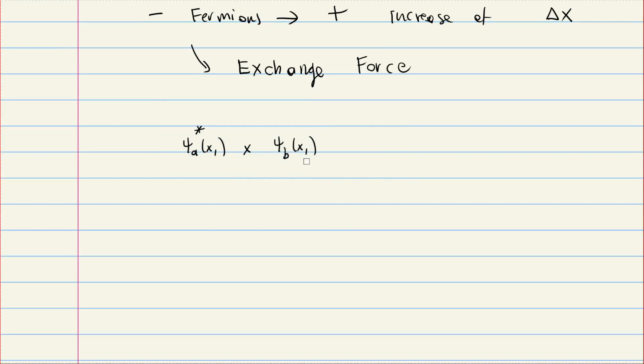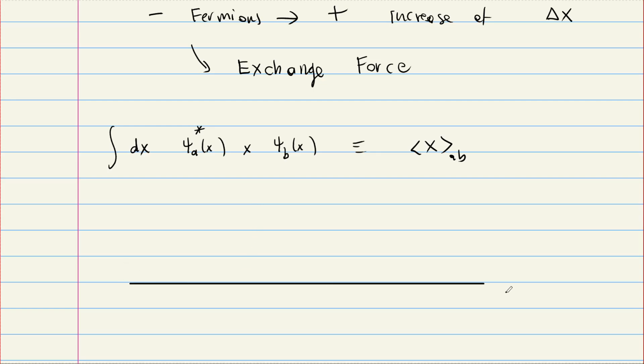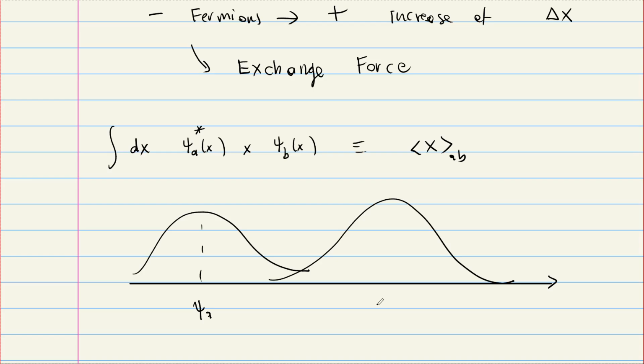This is the definition of xAB, and when I look at this integral, what I see is, this is my 1D line. psi A is an orbital localized somewhere, and psi B is another orbital localized somewhere else. And for this integral to be non-zero, they need to have an overlap.